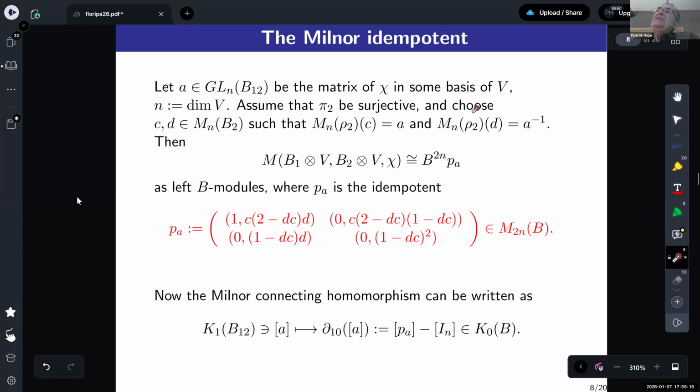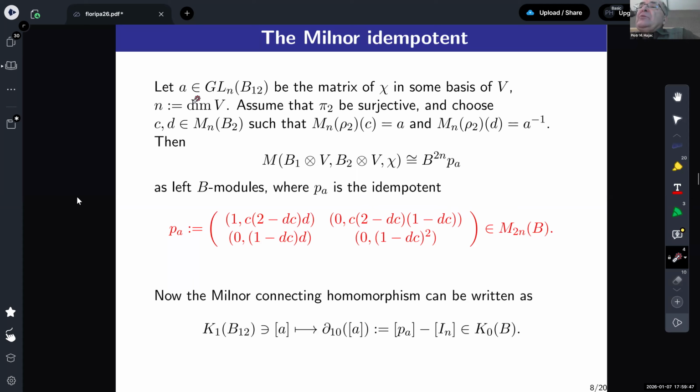Well, you assign to it the K0 class of this Milnor module, but you somehow subtract the rank. Remember that PA is a 2n by 2n matrix, but we started with an n by n matrix. So somehow subtract the identity matrix, which is of the same size as your matrix A.